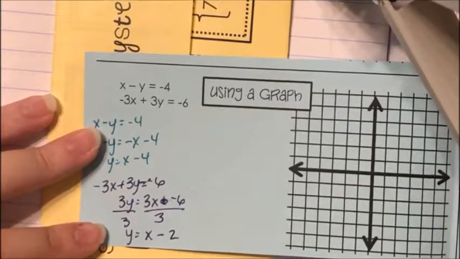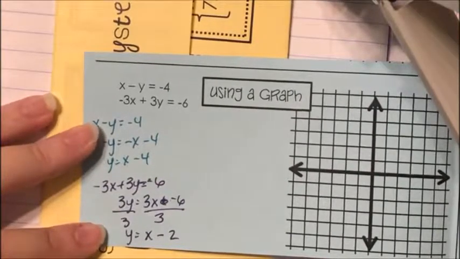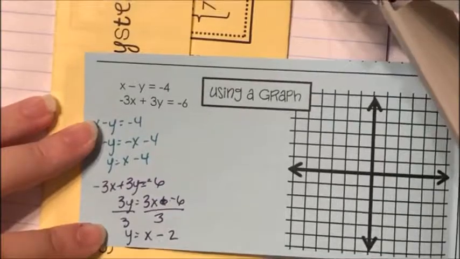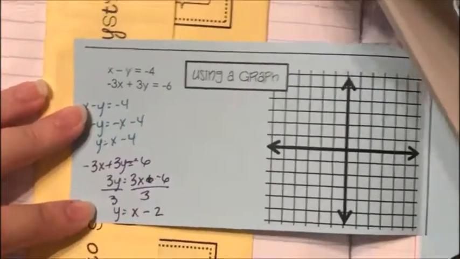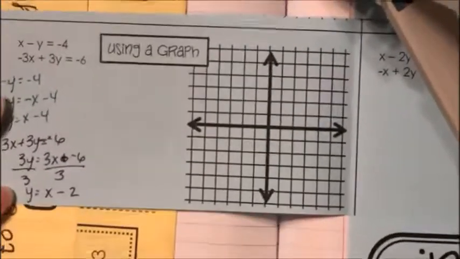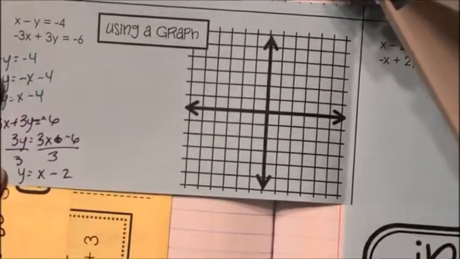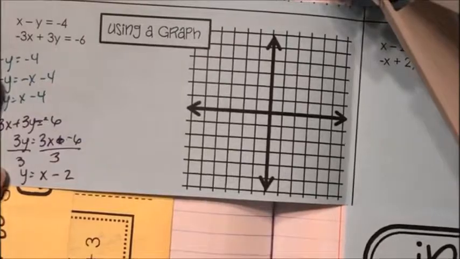Okay, so there's my two equations. y equals x minus 4 and y equals x minus 2. Again, they have the same slope, which means they're most likely going to be parallel. Okay, we do know that that's the case because we're talking about no solutions.